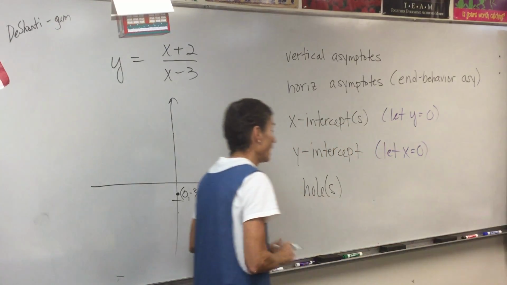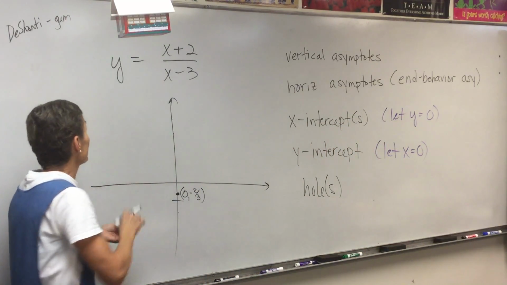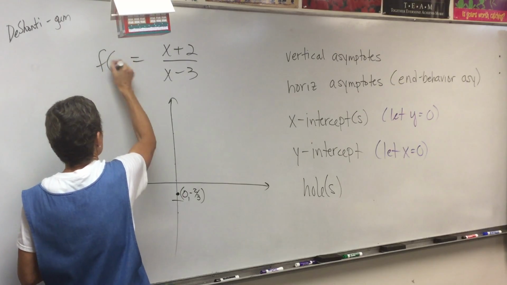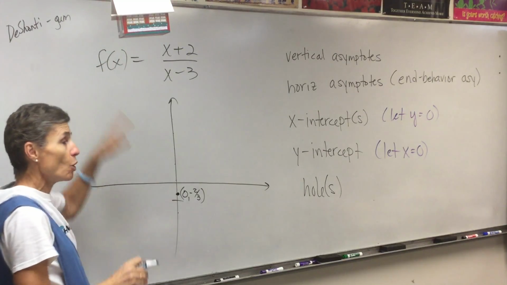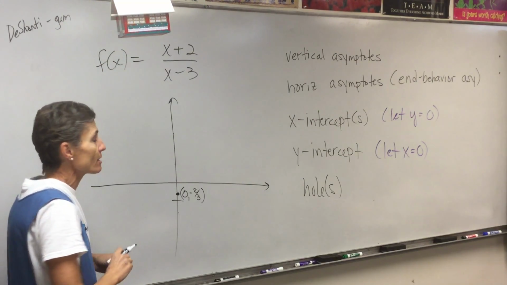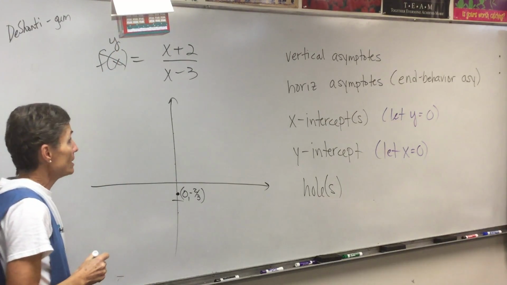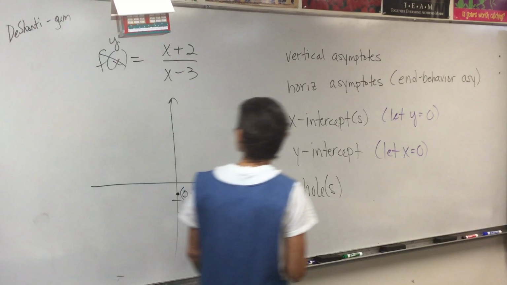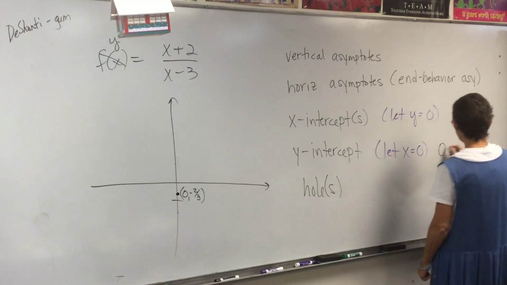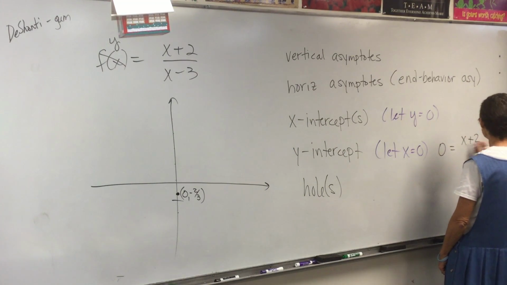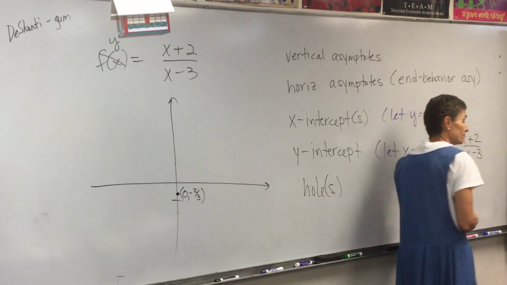Now there's always some clown who says, if the problem is written like this, there's no Y in there. Yes, there is. This is the same as Y, right? So I would solve the equation 0 equals X plus 2 over X minus 3.